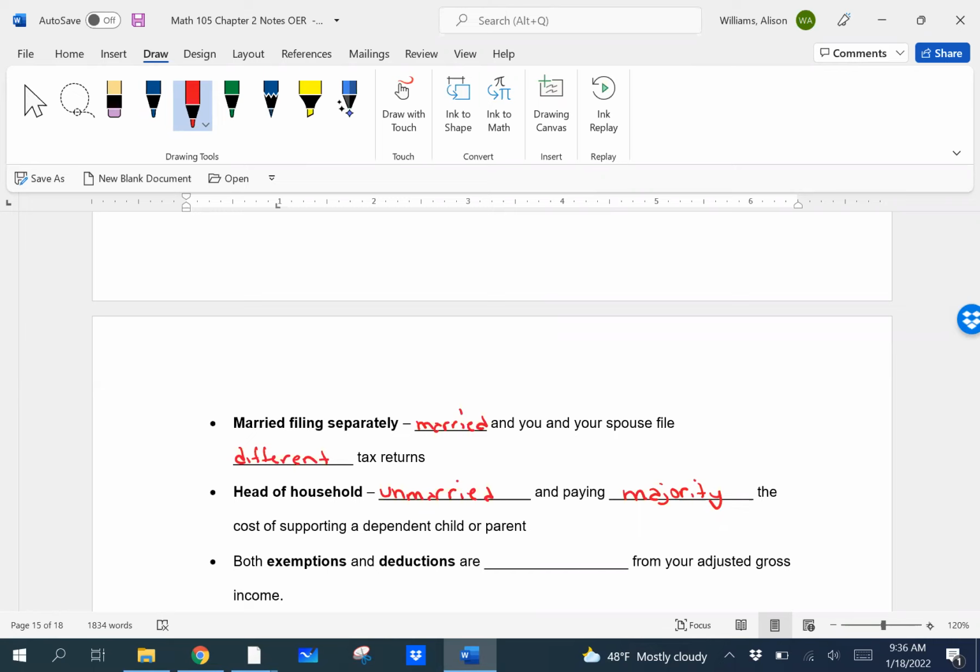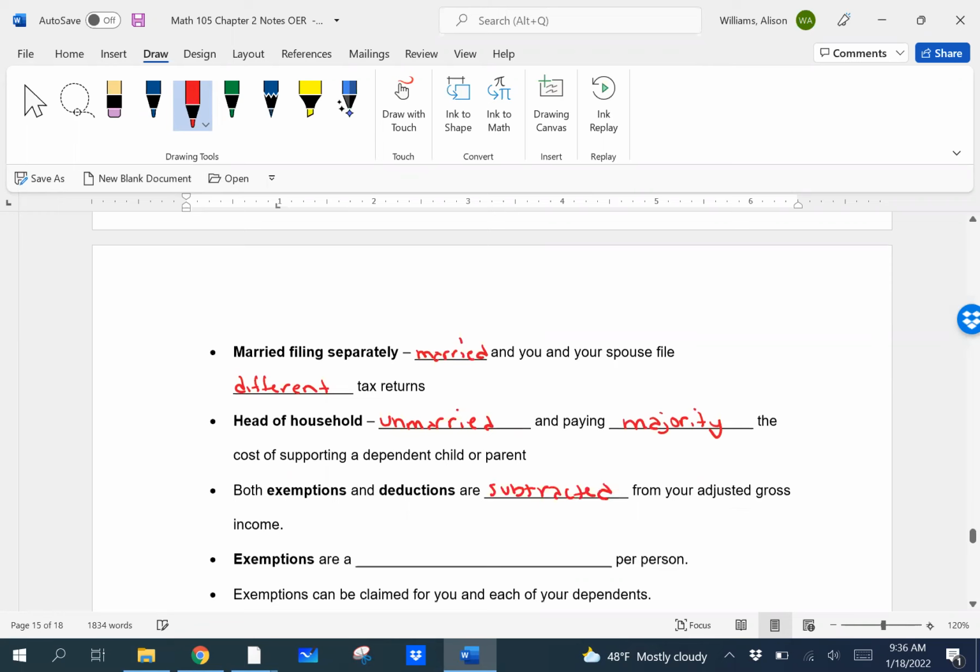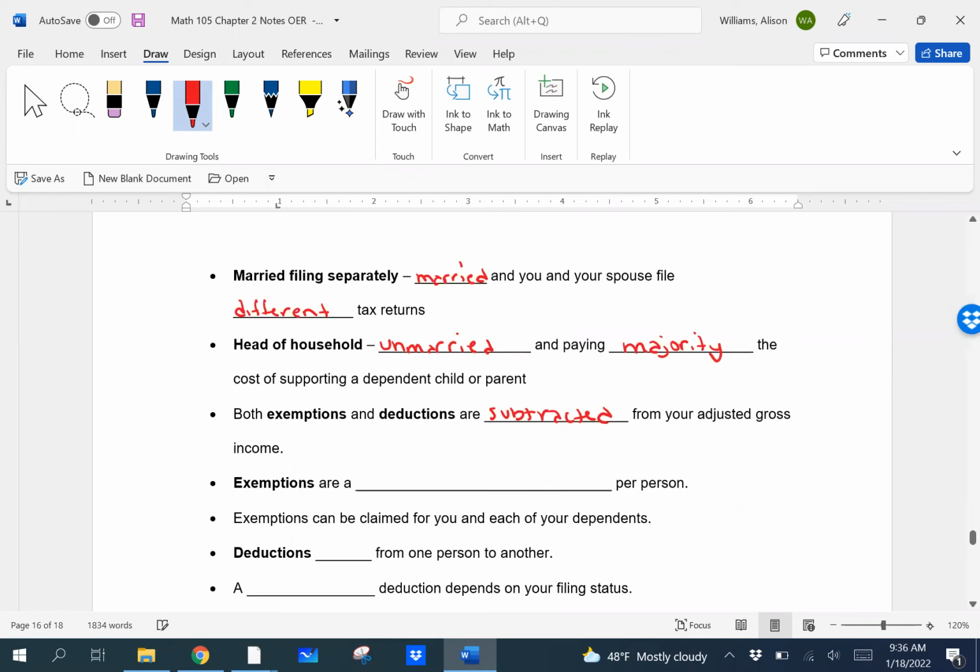Okay, so exemptions and deductions are subtracted from your gross income, your adjusted gross income. Exemptions are a reduction in income for each person, and exemptions can be claimed for you and each dependent, and vary from person to person.